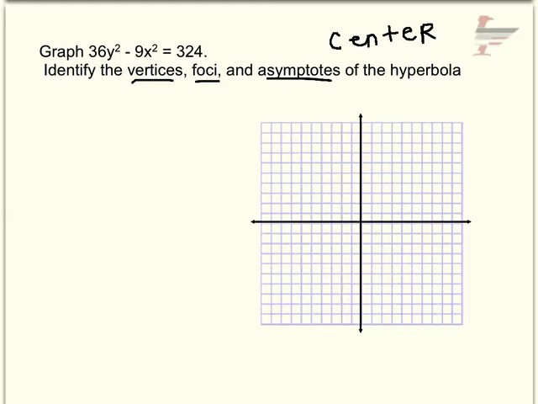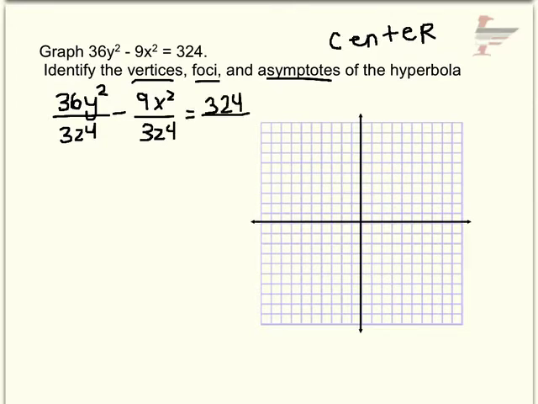So I'm going to divide the whole equation, everything, by 324, to make that equal 1. Simplifying that, you have y squared over 9 minus x squared over 36, and that's going to equal 1. So now you have a standard form equation for a hyperbola.